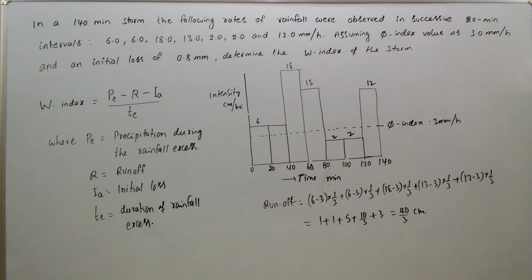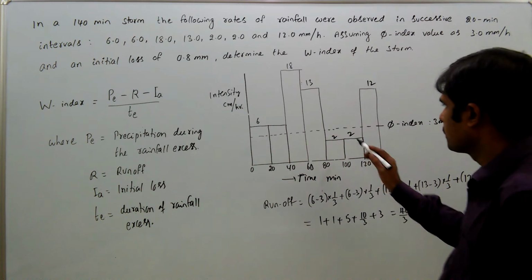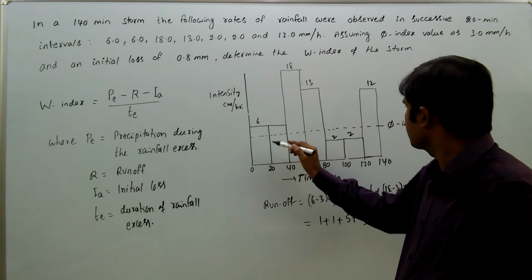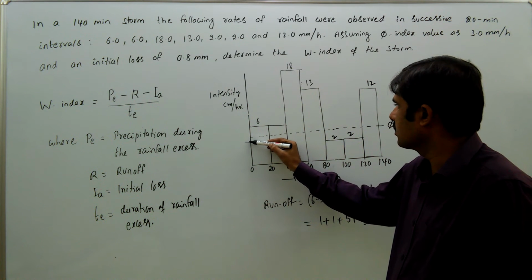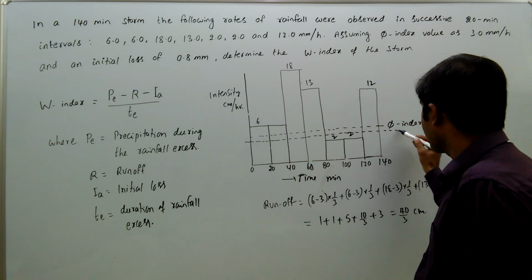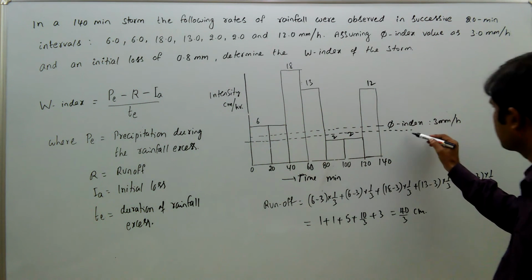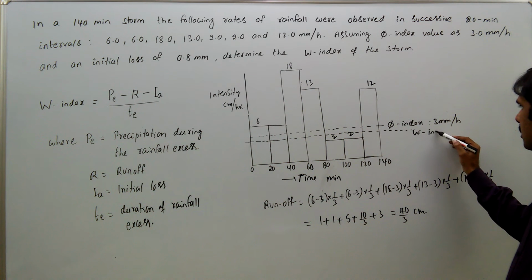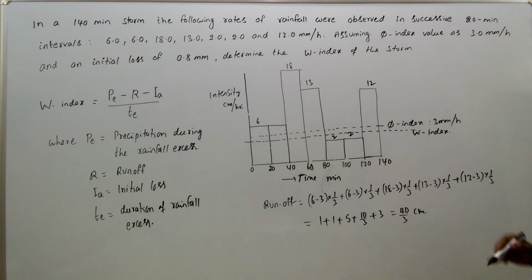Okay, now assume W index is above 2, somewhere here. Generally, W index is below pi index, just because of initial losses.